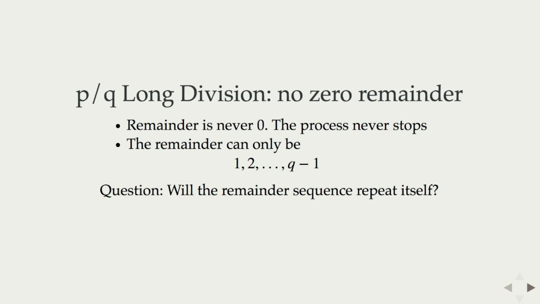If we understand the long division process, we realize that the remainder pretty much determines the process. For example, if I have a remainder 1, and next time I get the remainder 1 again, then from that point on, the steps are going to be identical to my current situation where I have remainder 1.